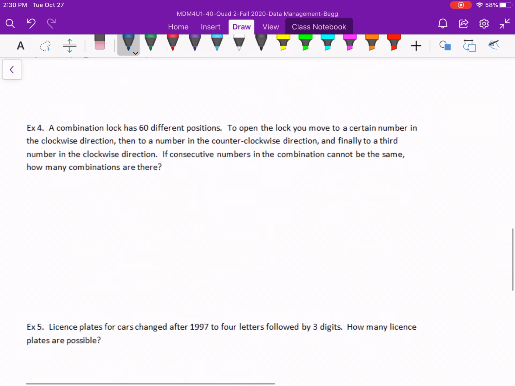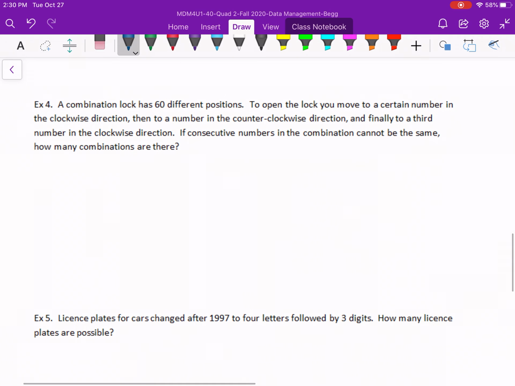Example 4. A combination lock has 60 different positions. To open the lock, you move a certain number in a clockwise direction, then to a number in a counterclockwise direction, finally to a third number in a clockwise direction. So you're spinning it in opposite directions.